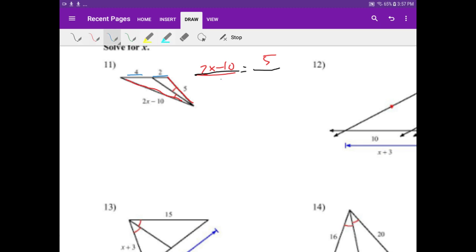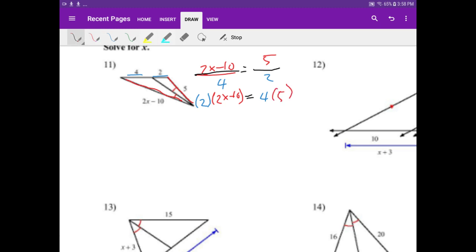The blues, 2x minus 10 goes with 4, 5 goes with 2. This doesn't reduce, so I'm just going to do this. You have this 2, and then you have the 4 here, equals the red ones. 2 is multiplied by 2x minus 10, and then 4 is multiplied by 5.